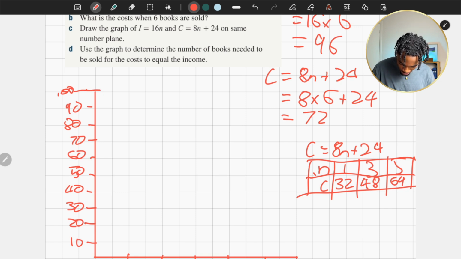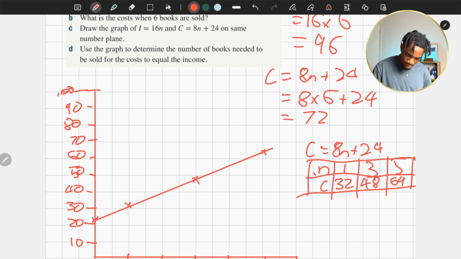If we plot these, 1 and 32 about here, 3 and 48 about here, and then 5 and 64 about here. We're also plotting the y-intercept.